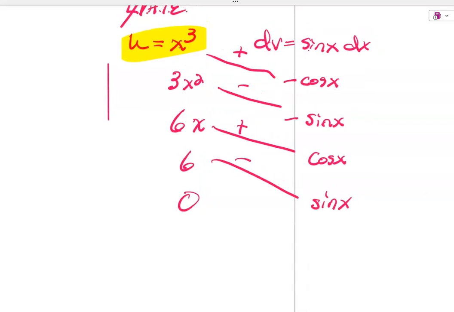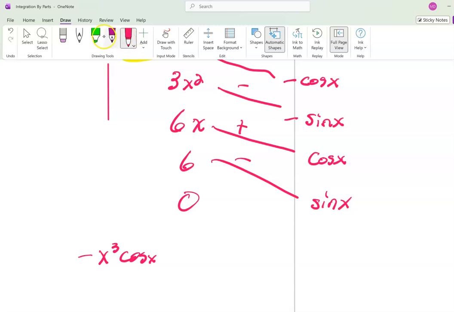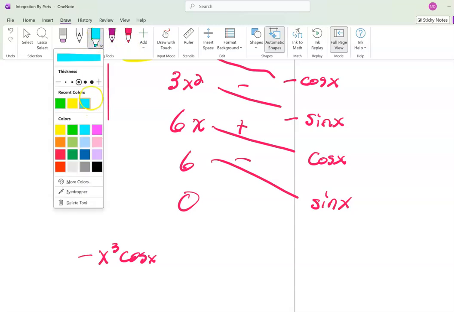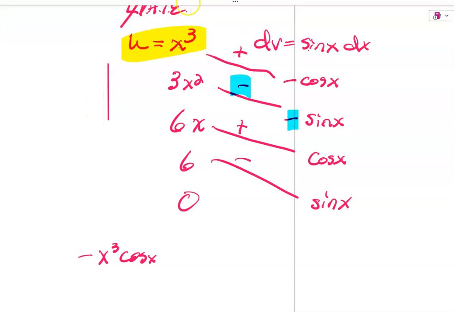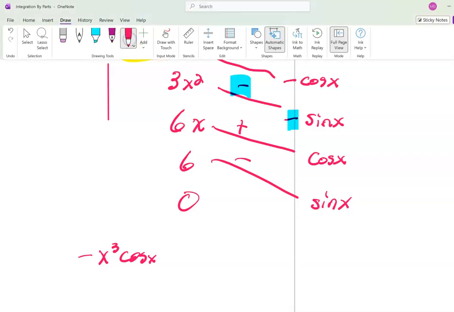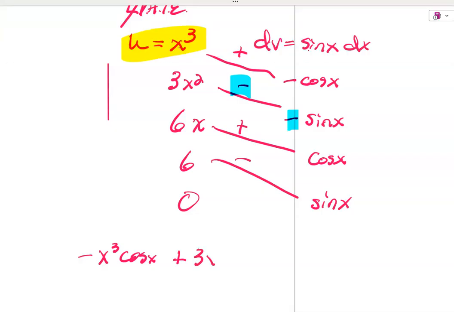And look at that first diagonal. X to the third, negative cosine of x with a plus. Tell you what, a negative would just come out then. Look right here with your second diagonal. You got a minus, you got a minus, a negative and a negative multiplied to a plus.